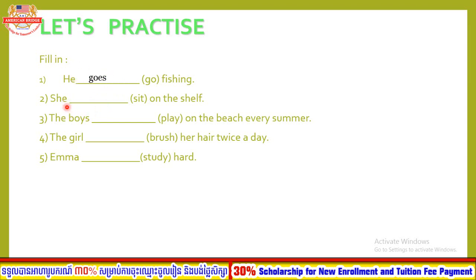Good. This one, she sits on the shelf. So this one is what? Sit. What should you do? Add S or not? Yes, add S, right? Because she is in the subject group 2, right? So we call that third person singular, right? He, she, it.